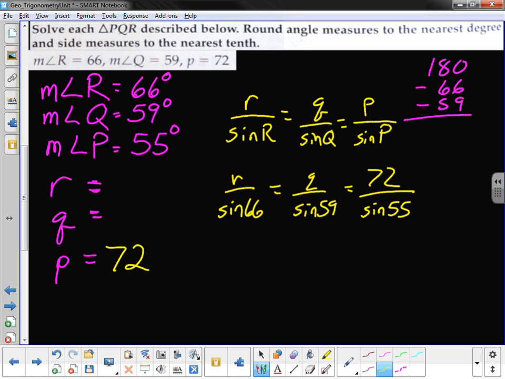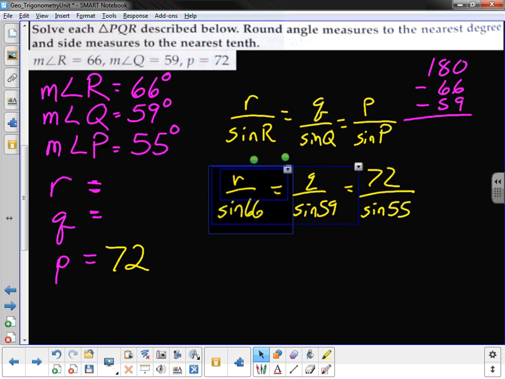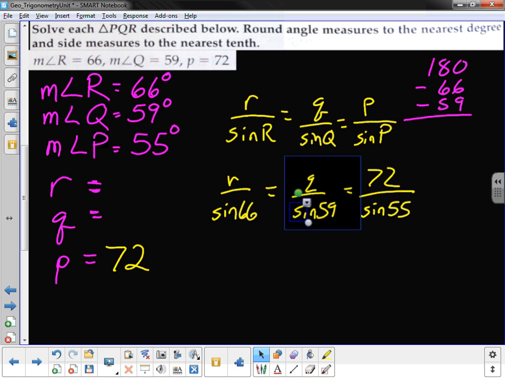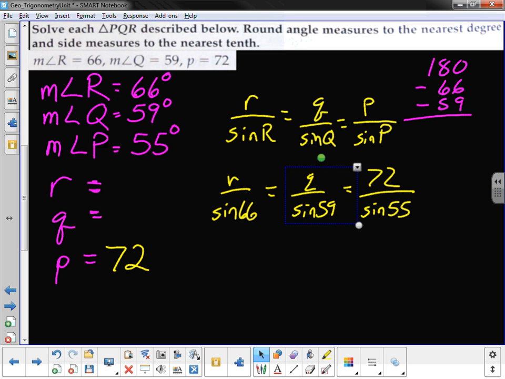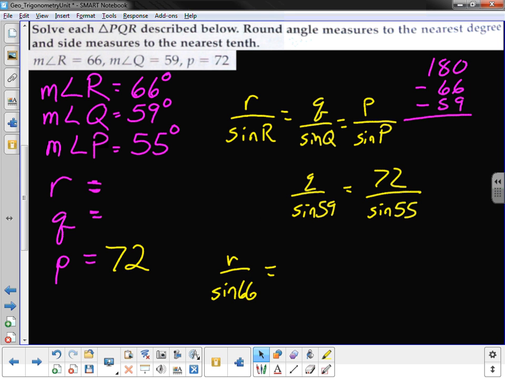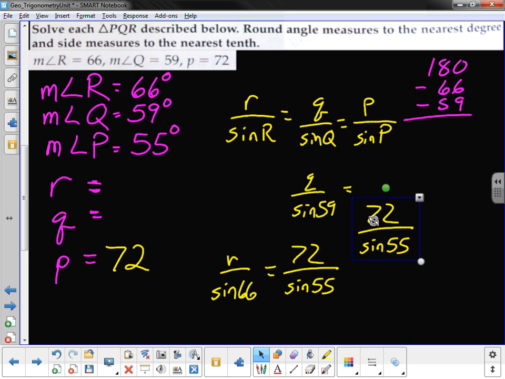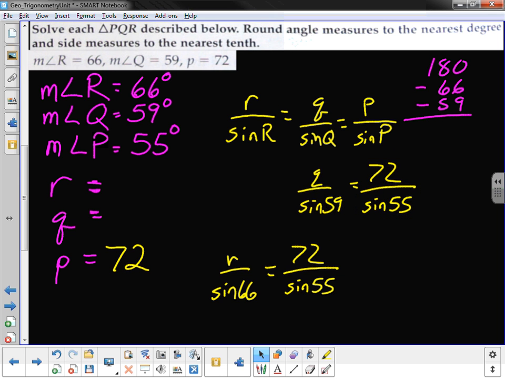Now, R and Q both have variables in them that I don't know. So what I would want to do here is group some of these. I can group this set together, I can group this set together, and then I have this set. Good deal. So what this means is I can set the R part equal to the 72 part, and I can set the Q part equal to the 72 part.